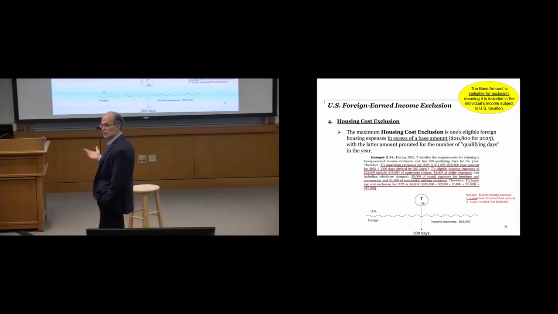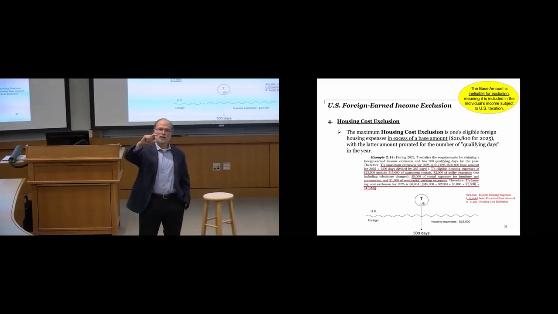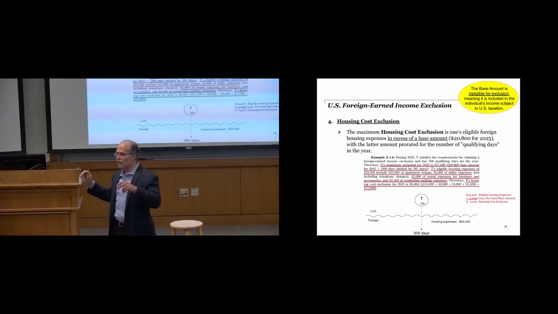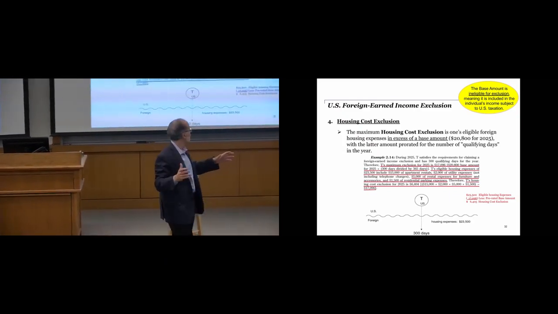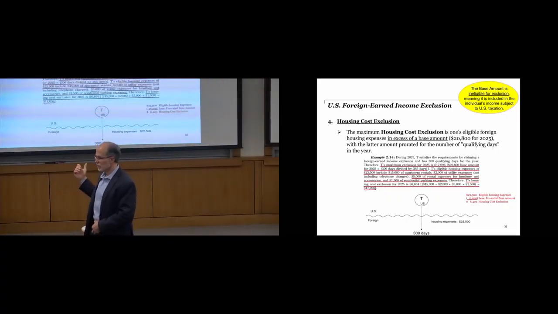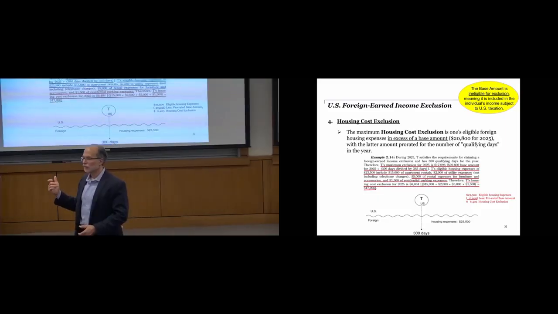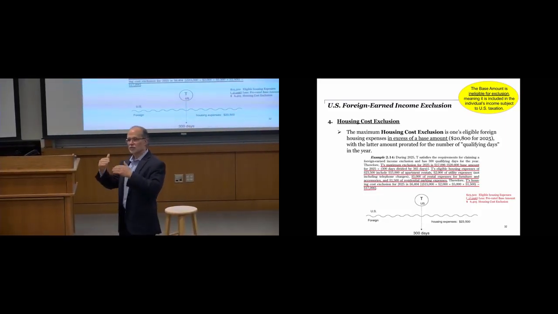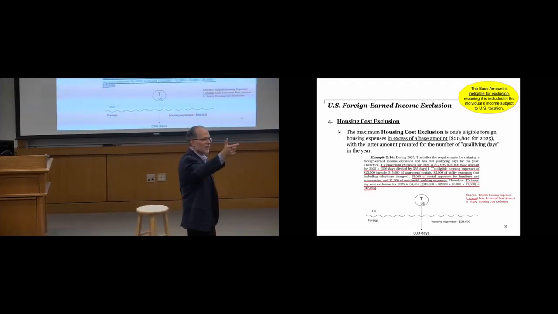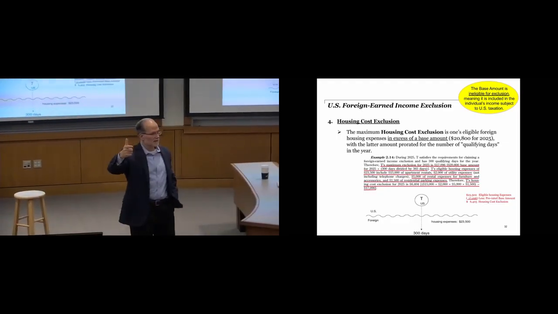So the reason we compute a base amount is this is the government's estimate, and it's indexed for inflation, of what a normal housing expense would be for an individual. And that is $20,800 for this particular year. Okay? So that amount is not eligible for exclusion, it is included. Everything in excess of that that is an eligible expense is then excluded from taxable income.